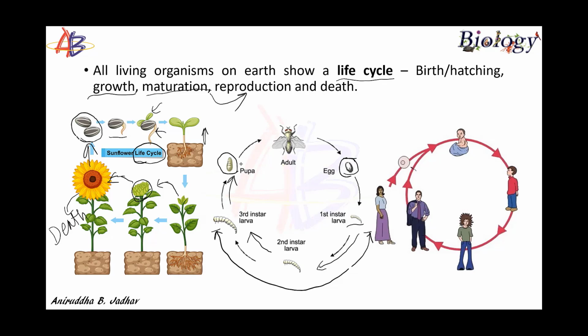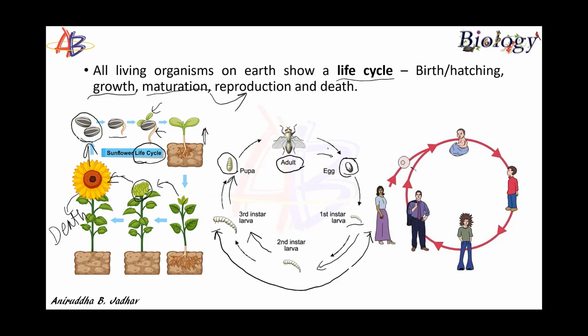This pupa phase is very important so that this reproductively unable larva can become reproductively able by getting converted into an adult fly. So conversion of a larva to adult is followed by a pupal stage, right? So once the pupa is matured enough, it turns into an adult fly, and this adult fly is now able to reproduce.